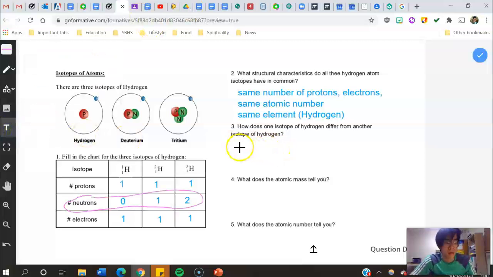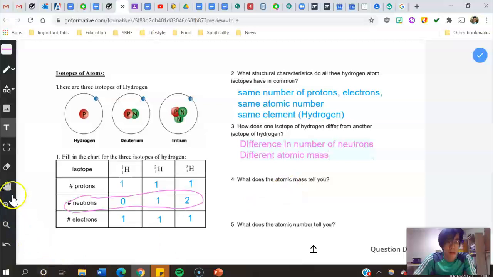Press text box. There is a difference in the number of neutrons, and then they also had different atomic mass, because now you have more neutrons involved in the nucleus.